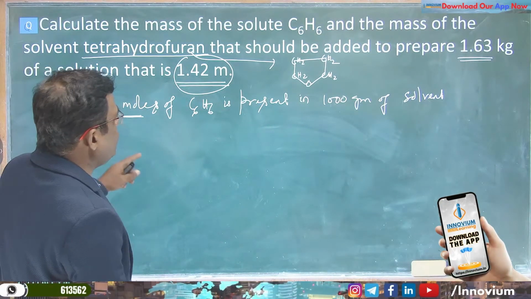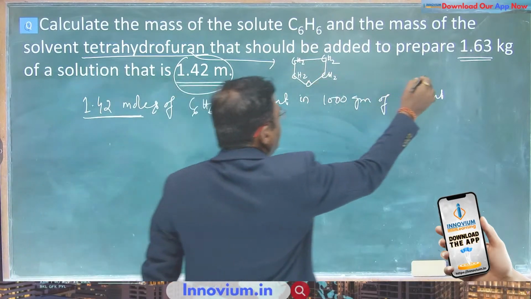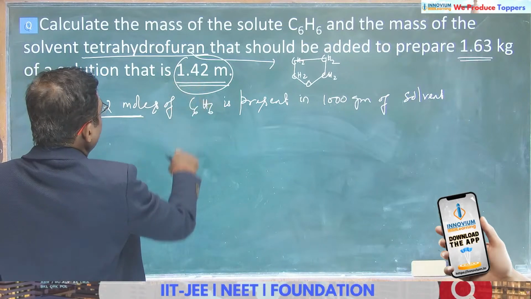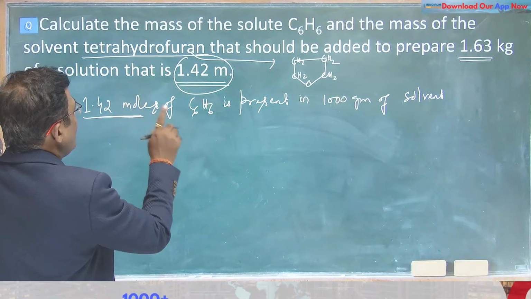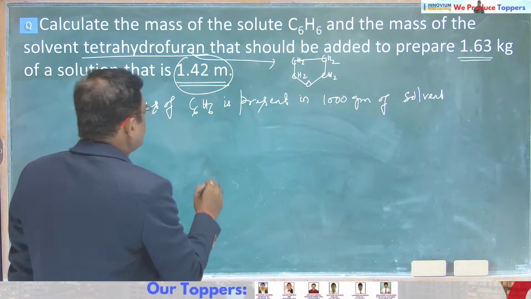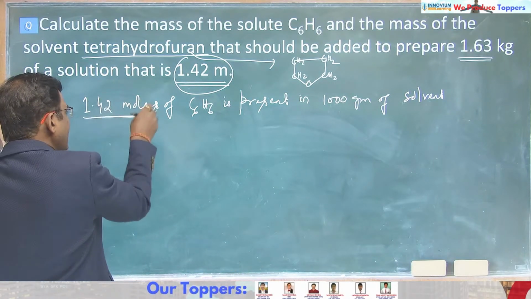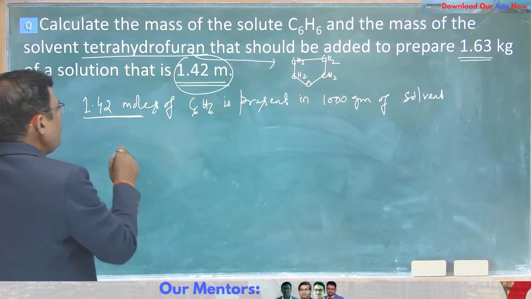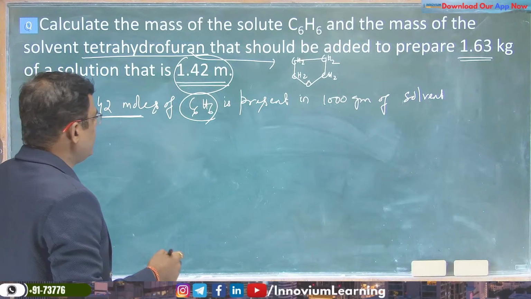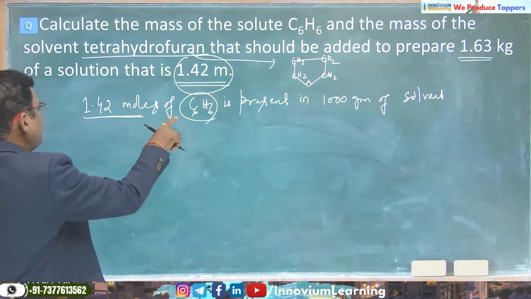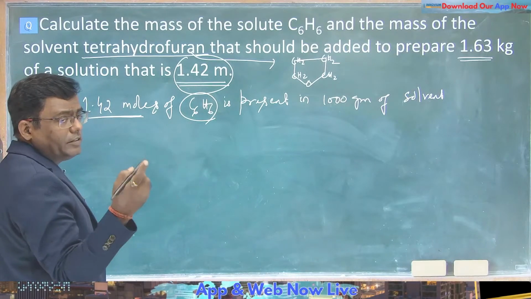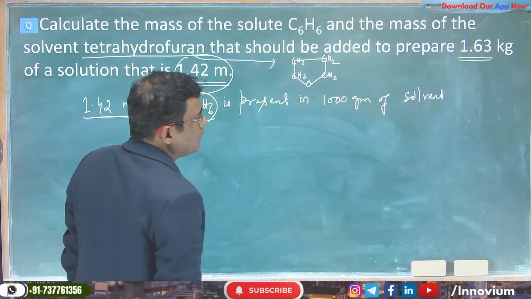Now what is asked? In 1.63 kg solution of molality 1.42, what is the mass of solute benzene and what is the mass of solvent tetrahydrofuran? First, we will consider the mass of 1.42 moles of benzene. We know that molar mass of benzene is 78. If we multiply this with this, you will get the mass of benzene which is present in 1000 gram of solvent.